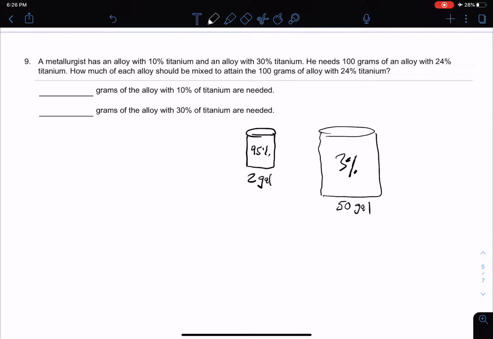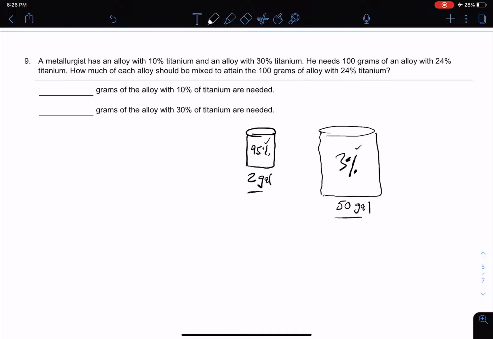You see how this is the confusing part with mixture problems. Because you can first compare, well, this has 2 gallons of that stuff, and this has 50, so 50 is more than 2. But wait a minute, this container is 95% apple juice, and this is only 3% apple juice. So we got a real problem. It's hard to tell which one has more apple juice.